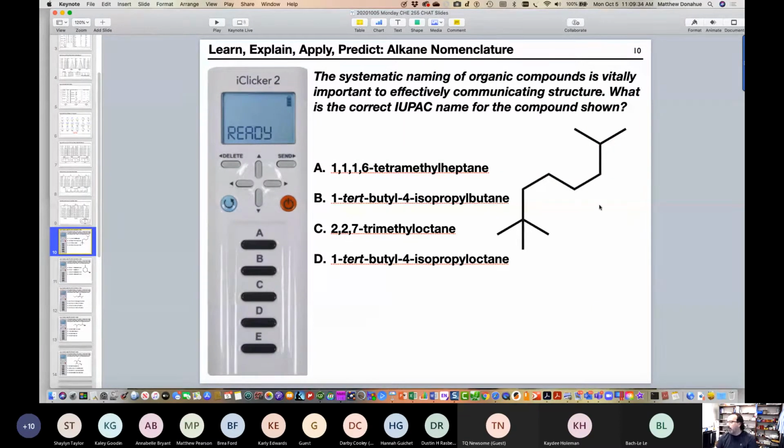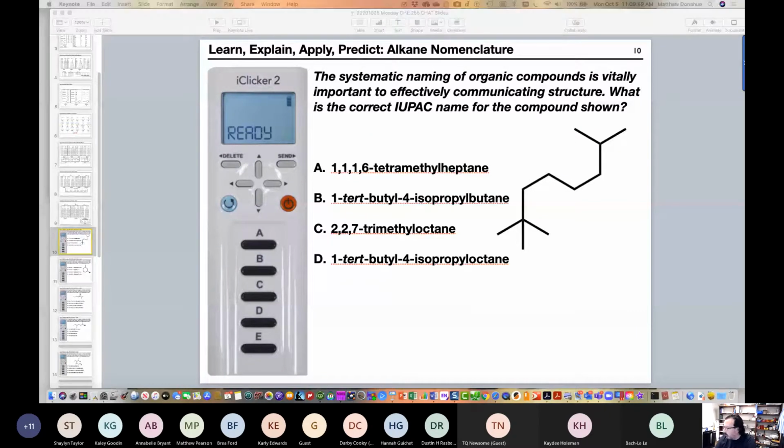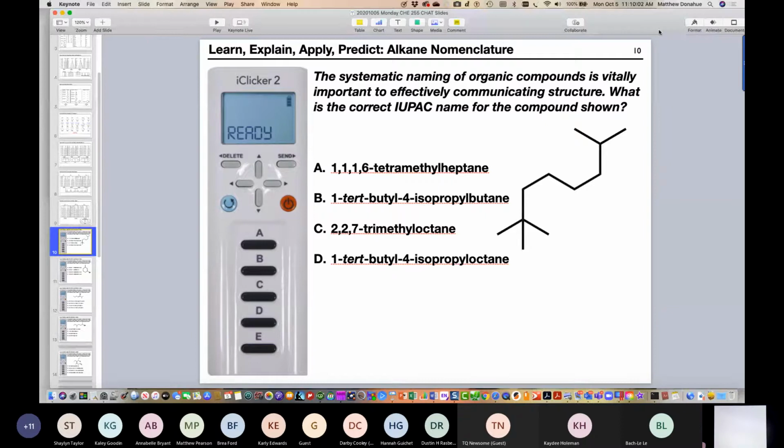So we have this structure here, and we want to figure out the name. So the first thing that we want to do is count the longest carbon chain. So I'm going to switch over to the document camera. So the first question I want to ask you when you look at that structure and you count the longest carbon chain, how many carbons are in that chain?